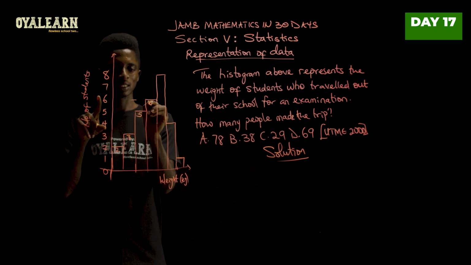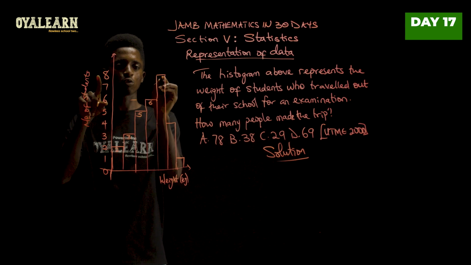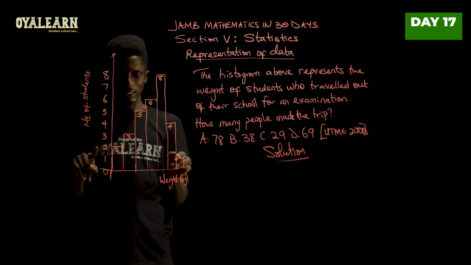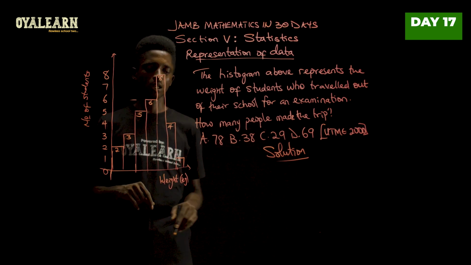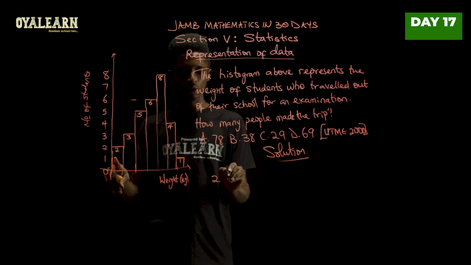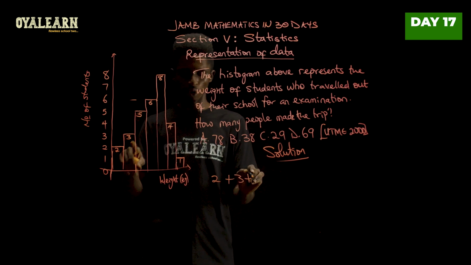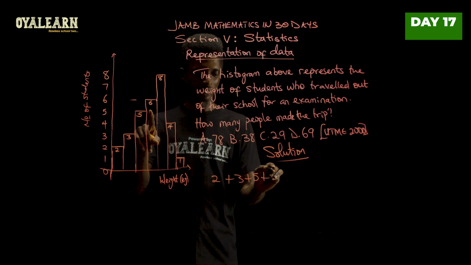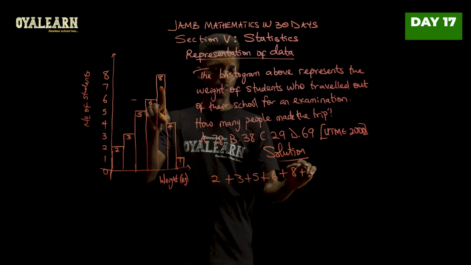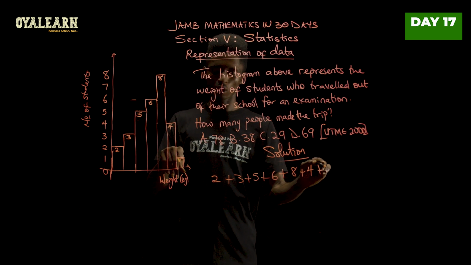This is 6. This goes to 8. This goes to 4. And this is 1. So all we have to do is add all these numbers together. So we have 2 plus 3 plus 5 plus 6 plus 8 plus 4 plus 1.